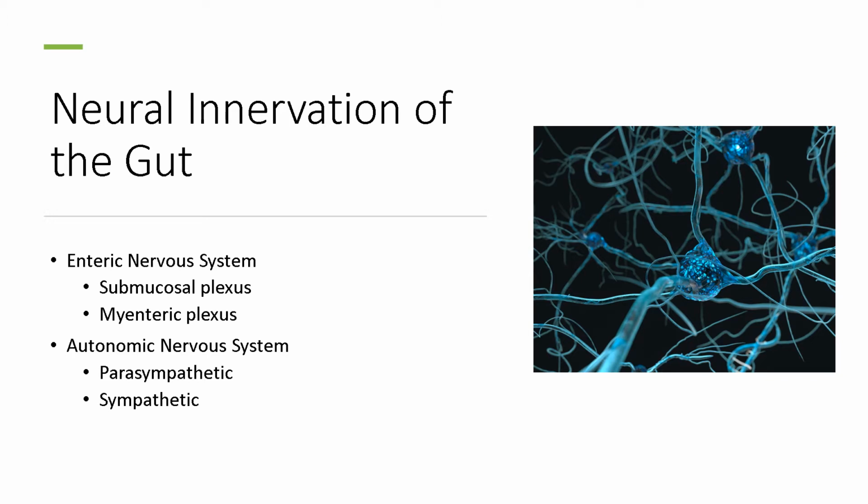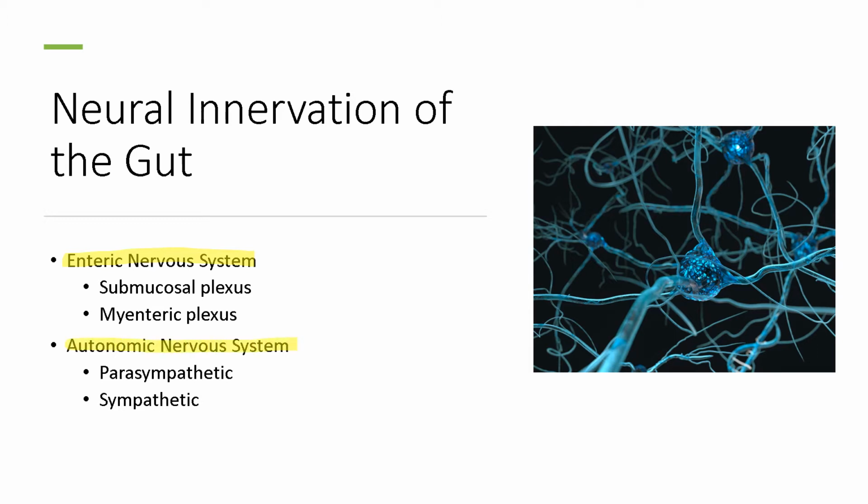Now, the GI tract is regulated by an intrinsic set of nerves known as the enteric nervous system. And we also have an extrinsic set of nerves that are part of the autonomic nervous system.